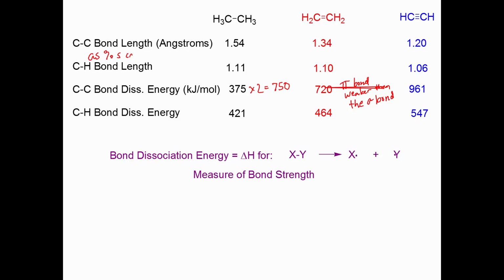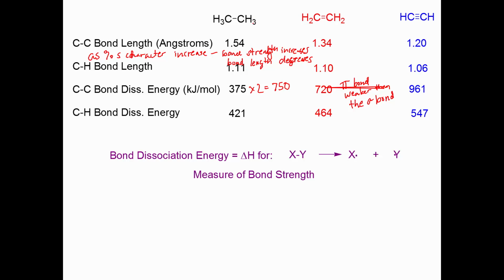All right, now another situation, as percent S character increases, bond strength increases, and consequently bond length decreases. Okay, so the CH bonds, let's look at the effect here.